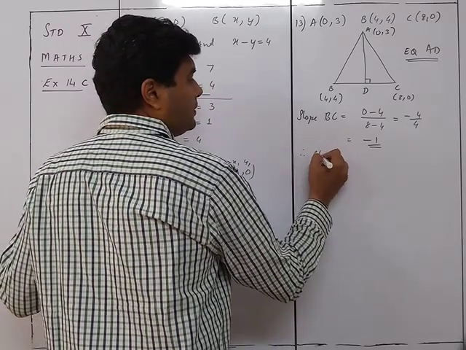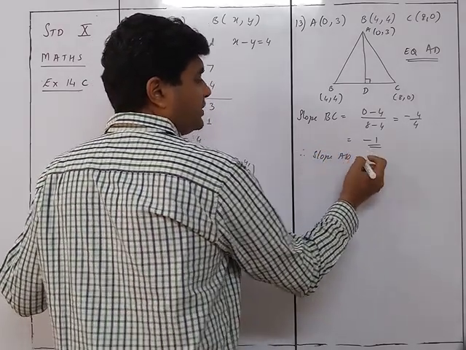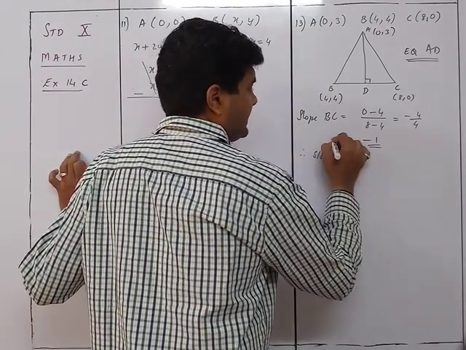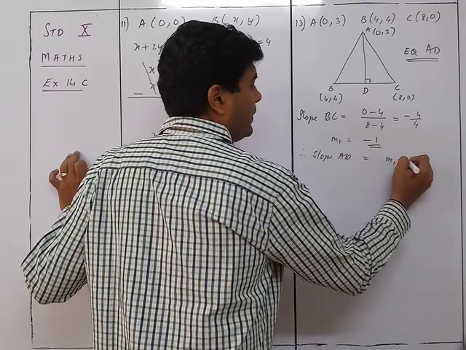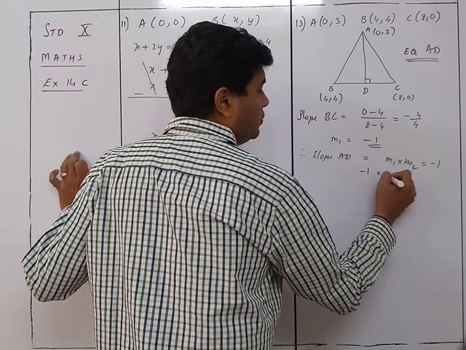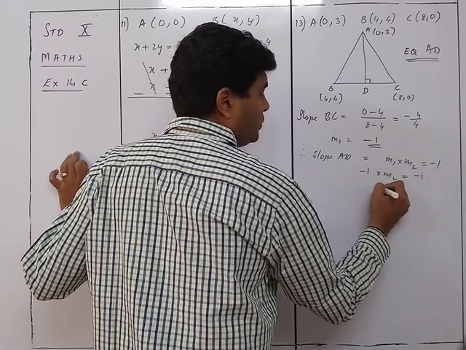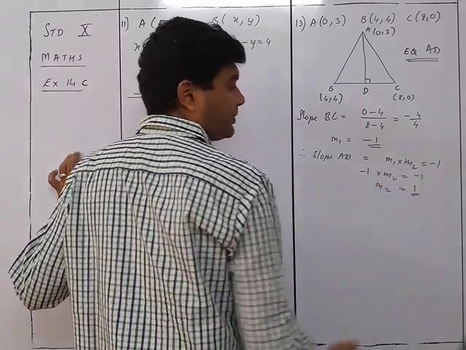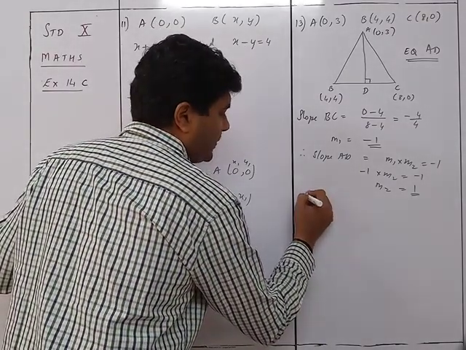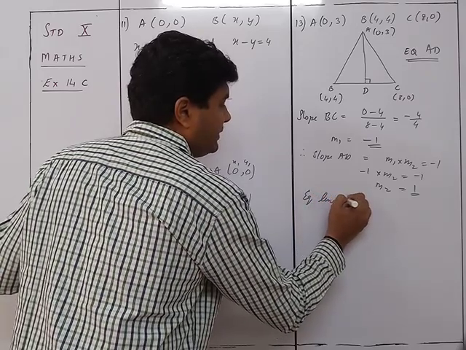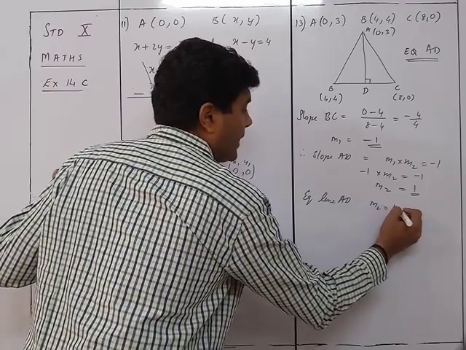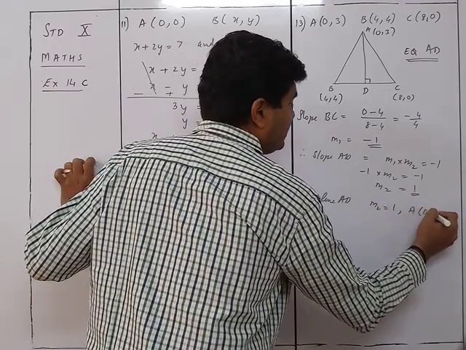Therefore, slope AD is equal to, we are right over here, this is M1, so M1 into M2 is equal to -1, so -1 into M2 is equal to -1, so M2 is equal to 1. Now the equation of line AD: we have M2 equal to 1 and A is (0, 3).